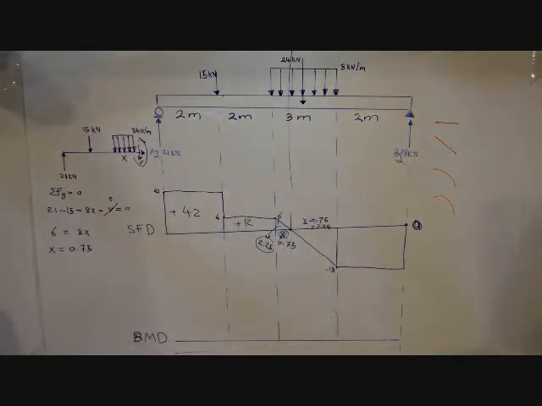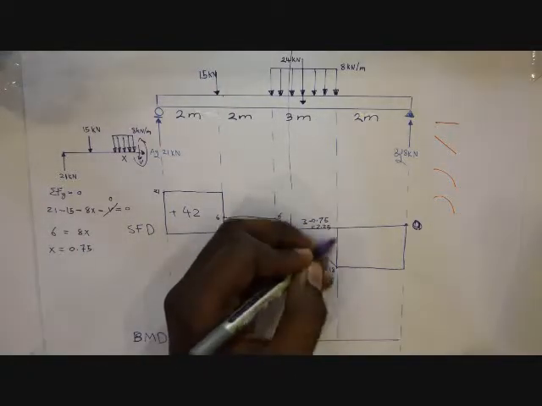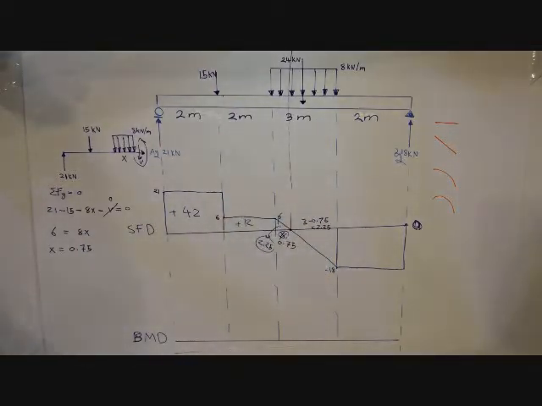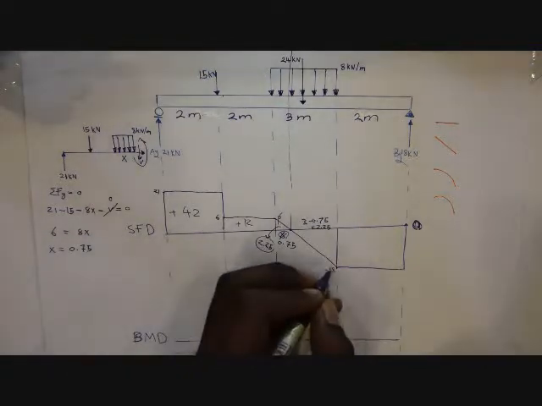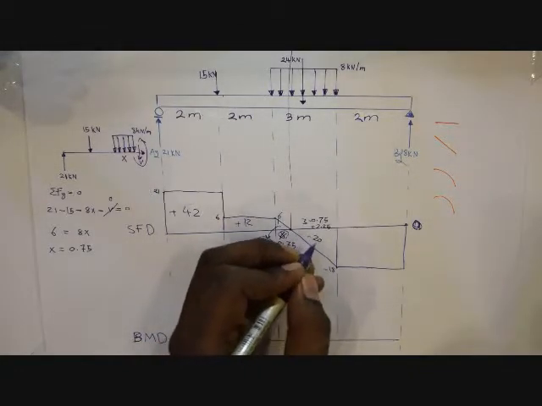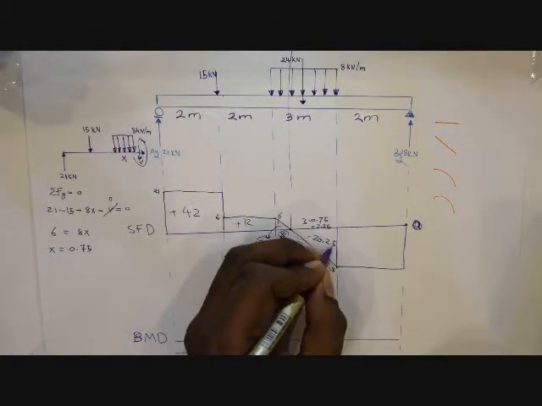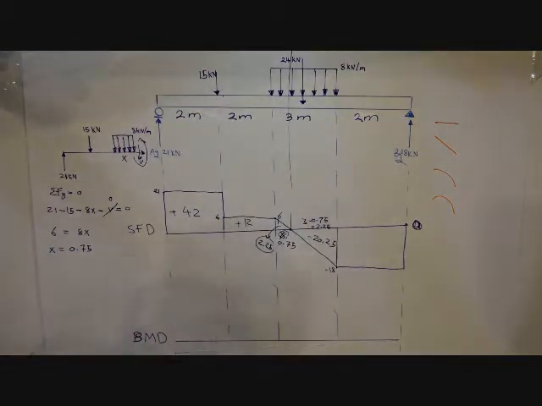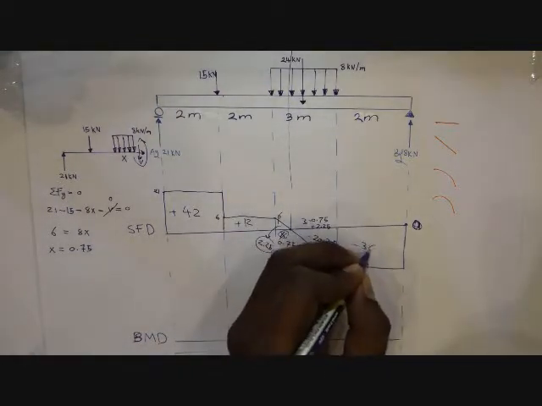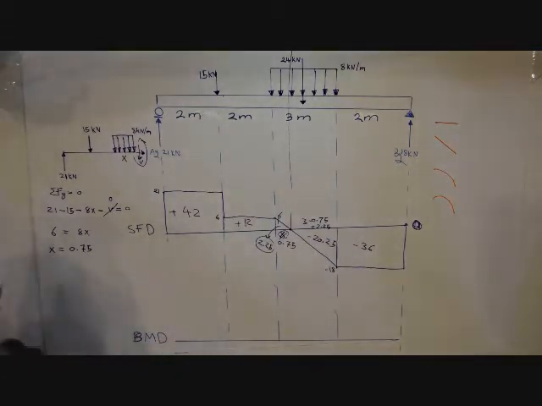The base is 2.25 times the height, which is minus 18, divided by 2, giving minus 20.25. And finally, the area of this rectangle is quite easy. Minus 18 times 2 is going to be minus 36.